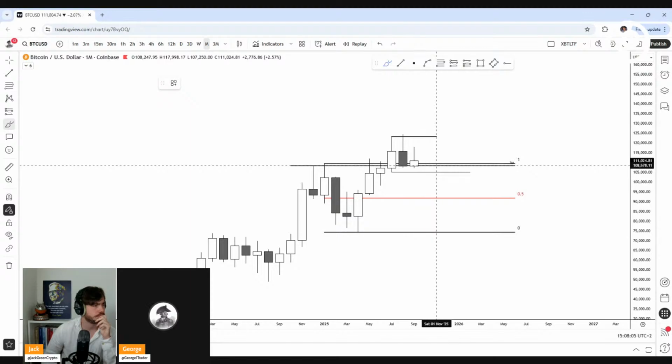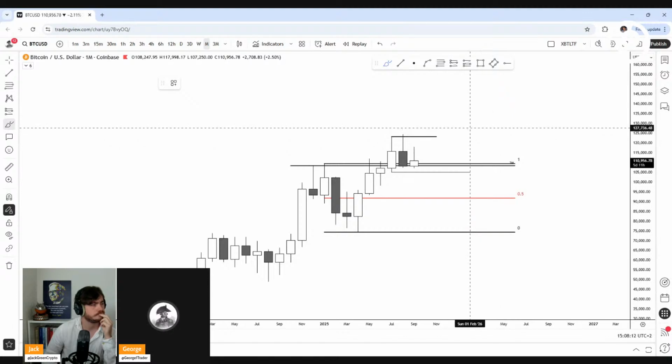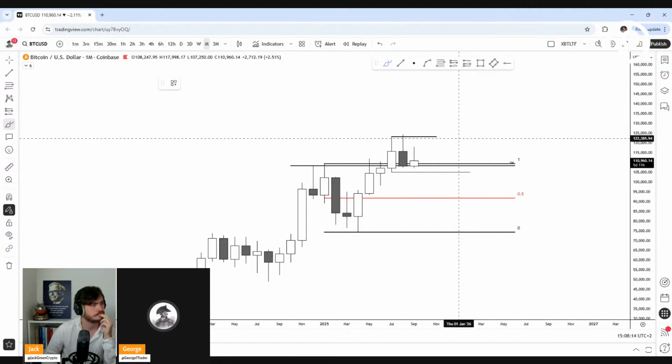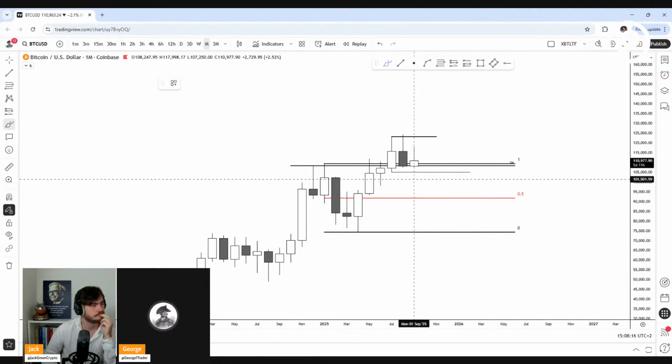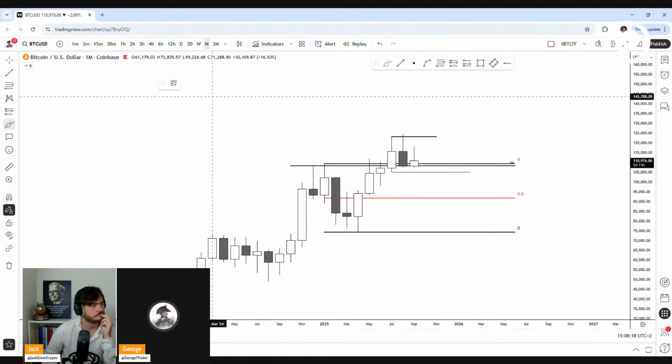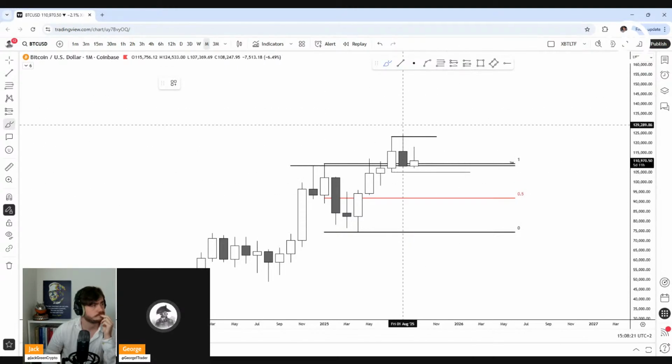Right here, I'm not necessarily macro bearish, not necessarily macro bullish, but I do think we are in a very interesting spot, and the next couple of months are going to be very important. So let me talk about a couple of scenarios, right?